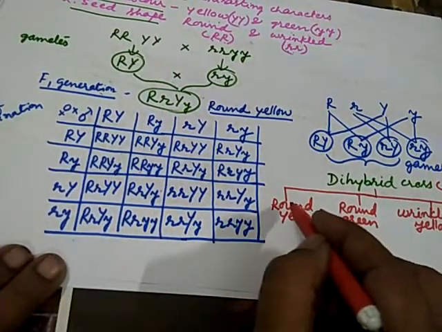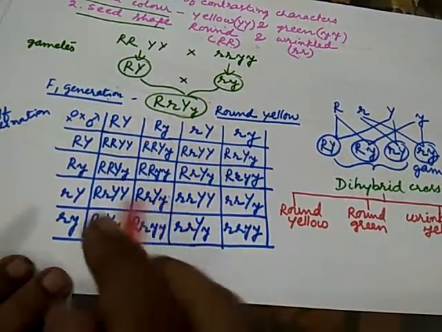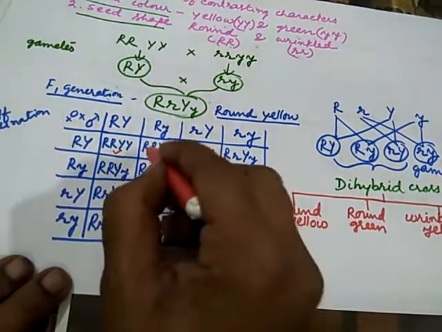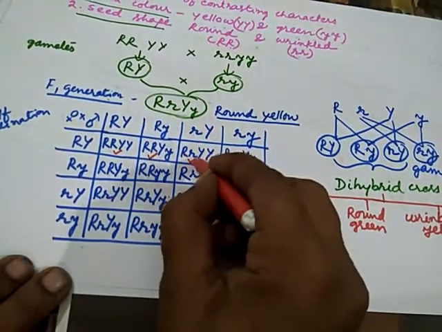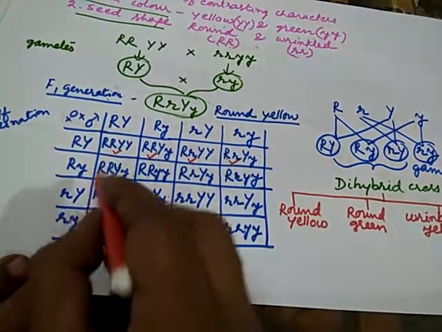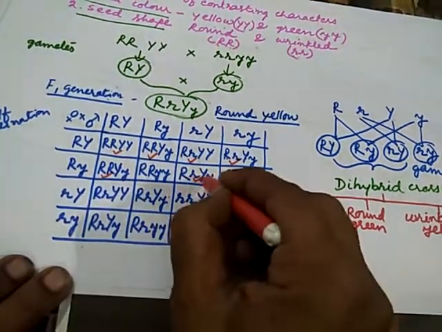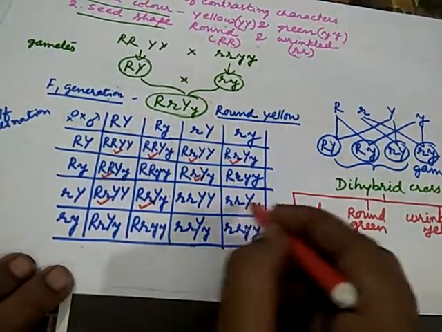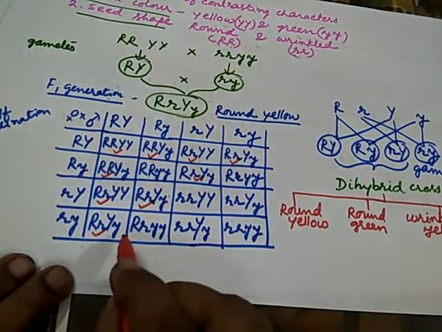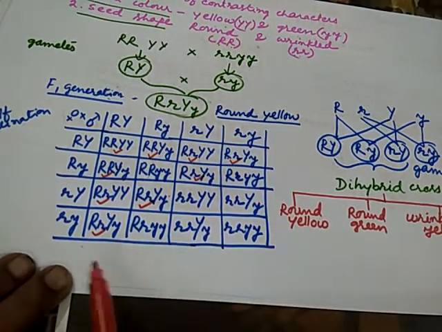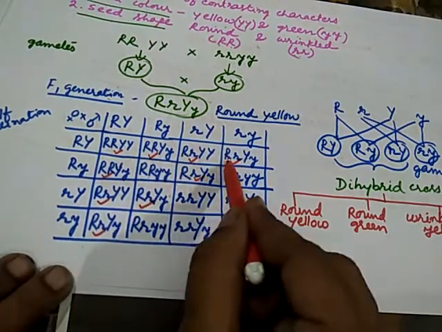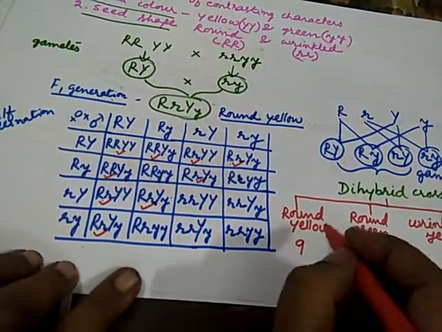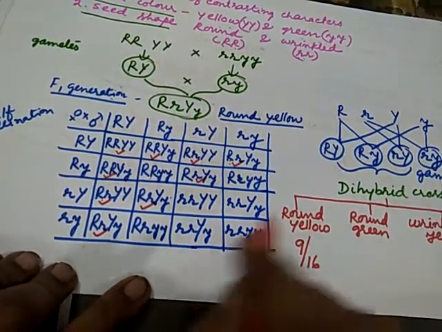Now we calculate round yellow. Counting them one by one, we got cases 1, 2, 3, 4, 5, 6, 7, 8, 9. So 9 cases out of 16 are round yellow.